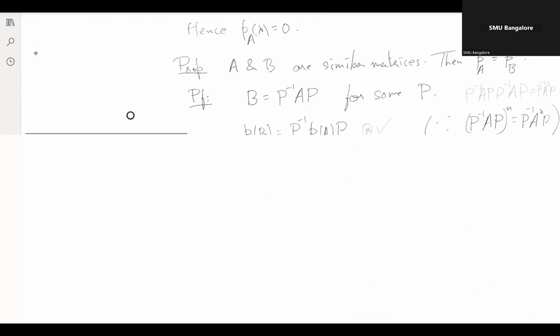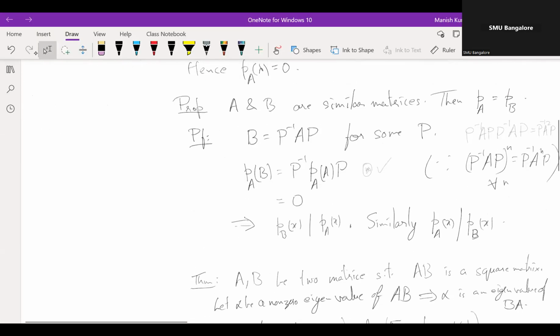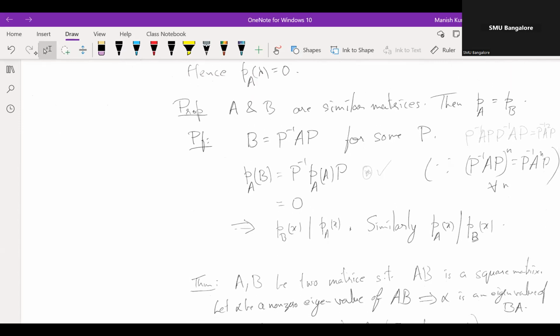Is that okay? So two similar matrices have the same minimal polynomial. Any questions or comments?